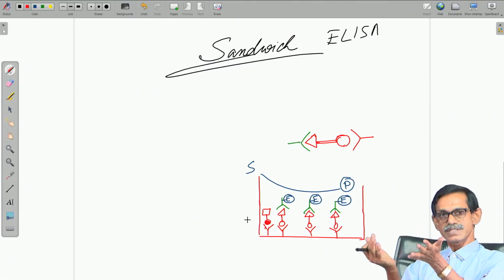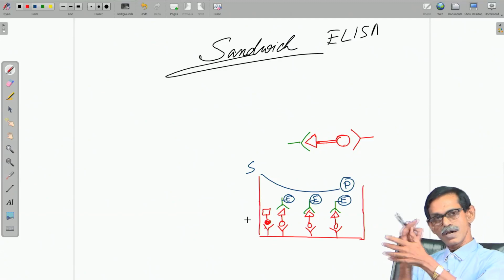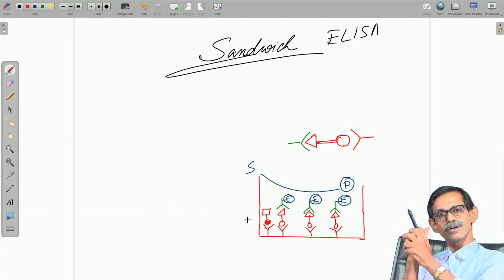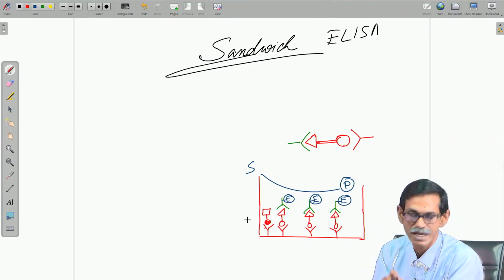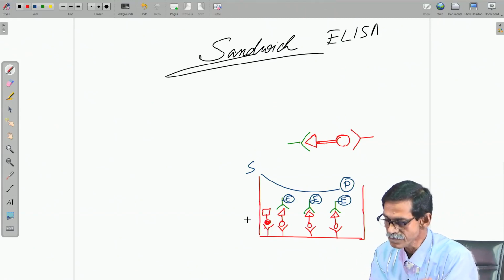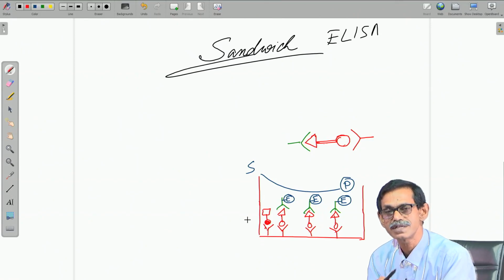That increases specificity and gives a more accurate result compared to a single antibody. Here also you can do direct and indirect. This is called sandwich ELISA. Is that clear? Here also you can have a standard curve for estimation and detection, but normally we use sandwich ELISA for accurate estimation.